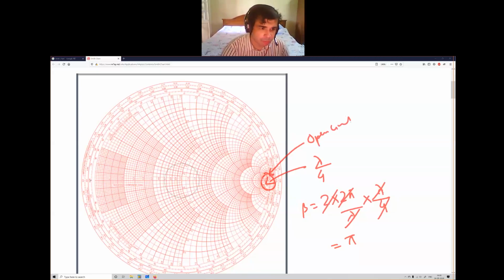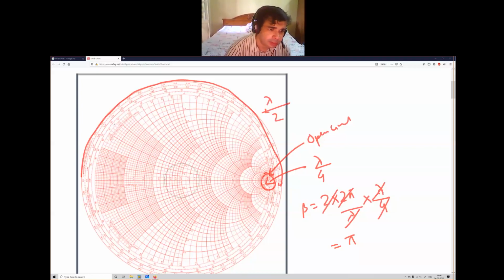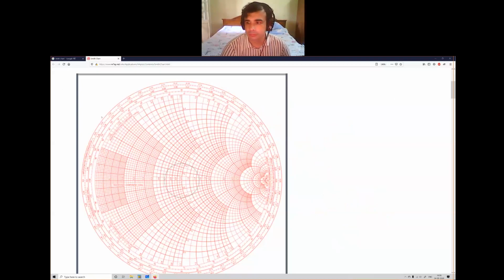So if you start from the short and move a distance of lambda by 2 towards the generator, then we come to the open circuit. Can you verify the same thing we got from calculations?